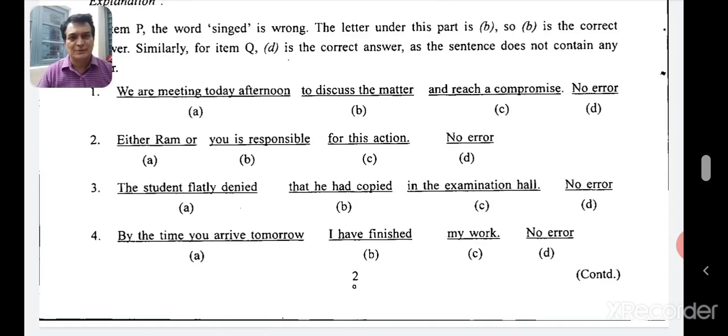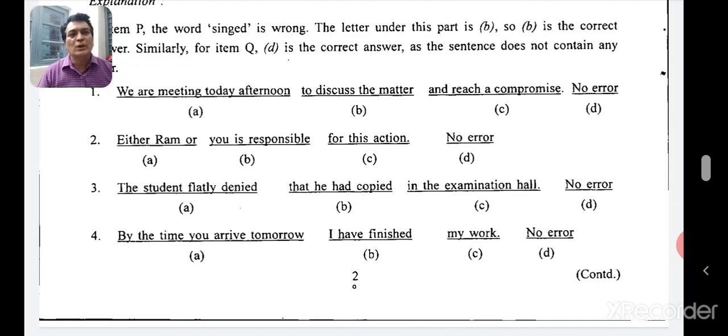So what should be in place of is? Are. So your answer is B. And the sentence should be either Ram or you are responsible for this action. So answer is B there. The student flatly denied that he had copied in the examination hall. No error, and answer is D there.